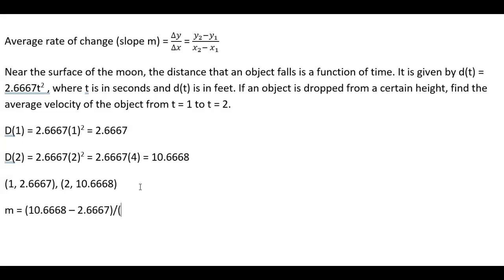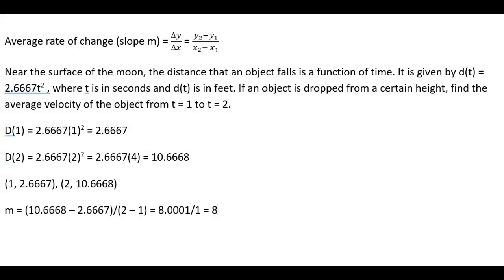And then on the bottom of the fraction, we have to make sure that we start with the x value that goes with the y value we started with. So we start with the 2 on the bottom. And we get whatever 10.6668 minus 2.6667 is. So on the top, I get 8.0001 over 1. And chances are in our homework, we're going to round that off to about 2 decimal places, which is really just going to make it 8.